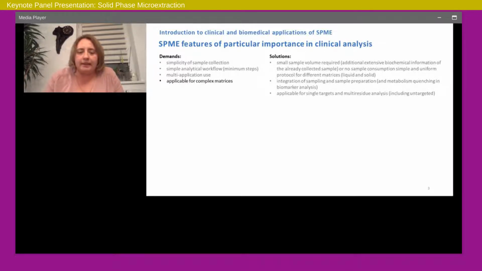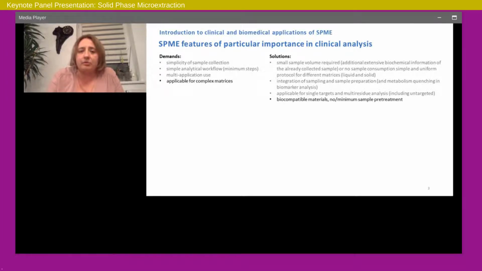And another demand from a clinical point of view is application for complex matrices. Whatever matrix we deal with, so pretty much plasma, urine, serum, whole blood or tissue, these are really complex matrices.